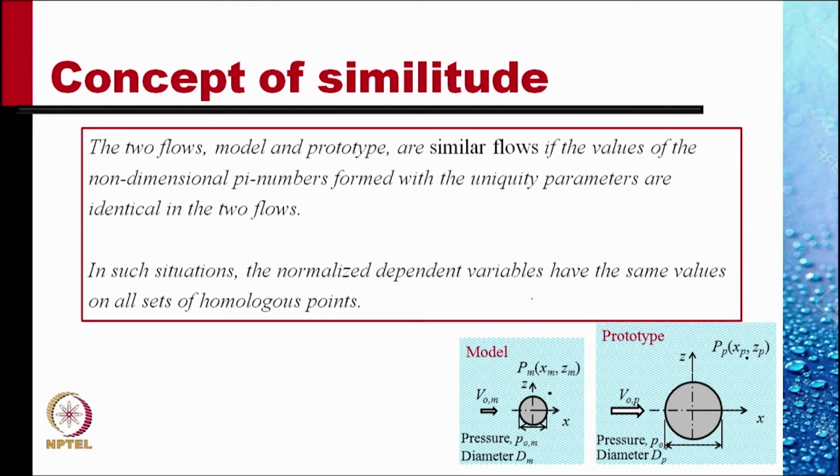In such situations, the normalized dependent variables have the same values on all sets of homologous points. Homologous points are those points which have the same values of non-dimensional locational variables in the model and the prototype.